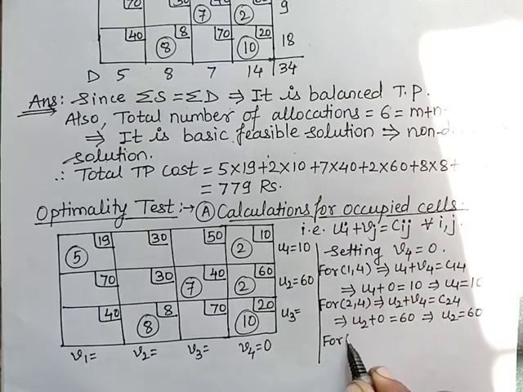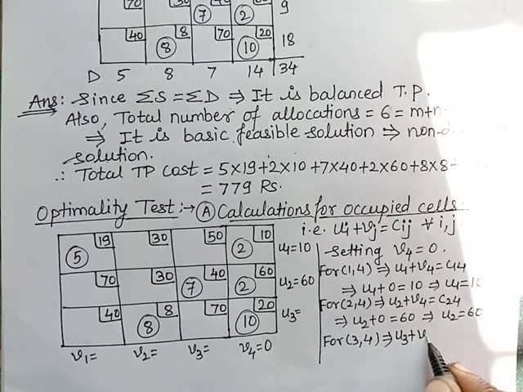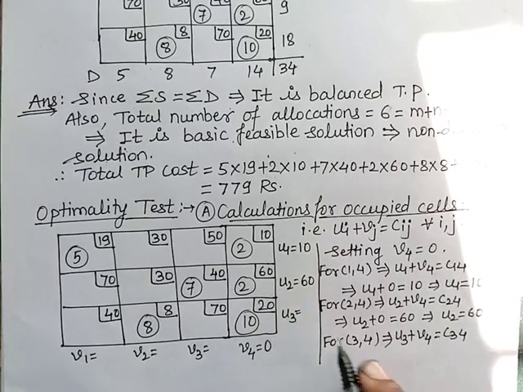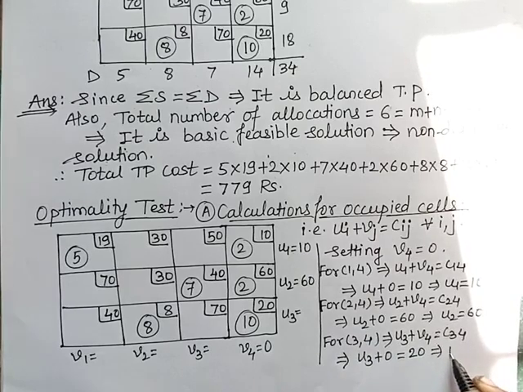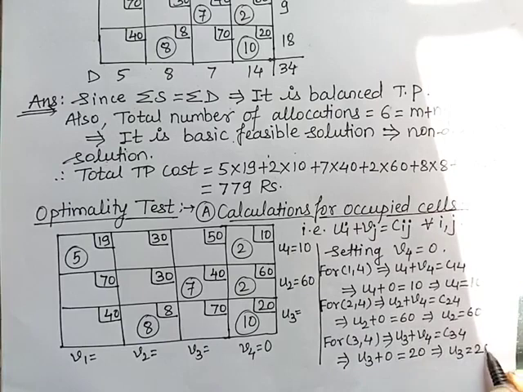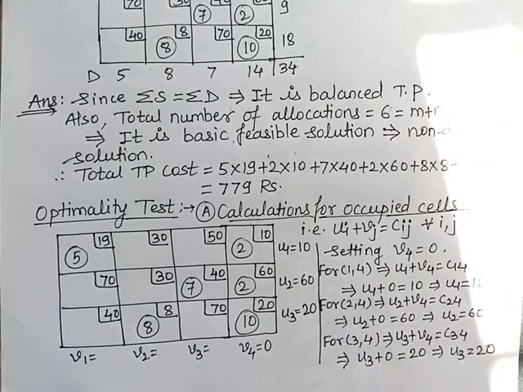For 3,4, u3 plus v4 is equal to c34, c34 is 20, so u3 is 20.